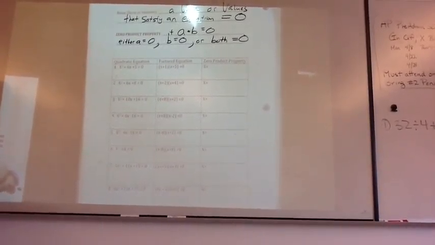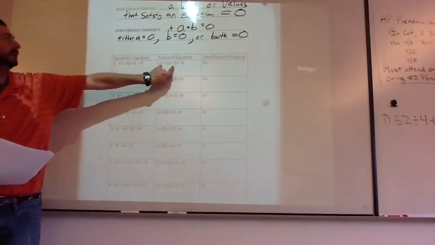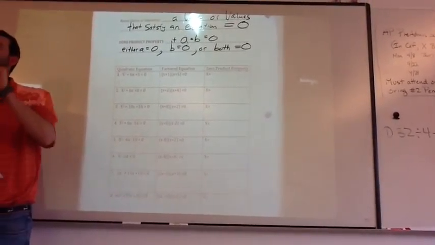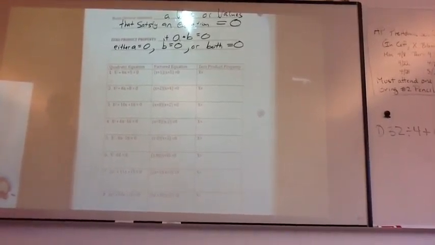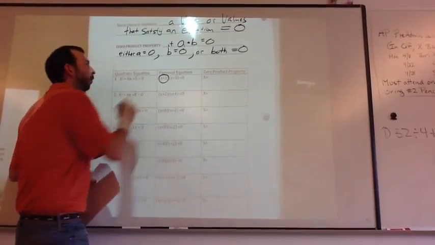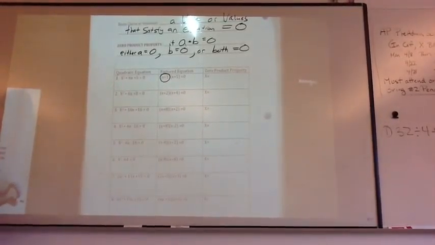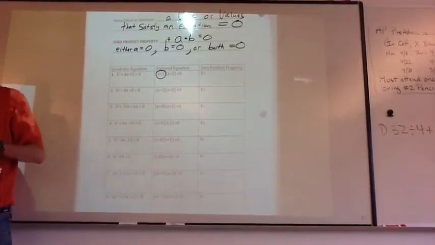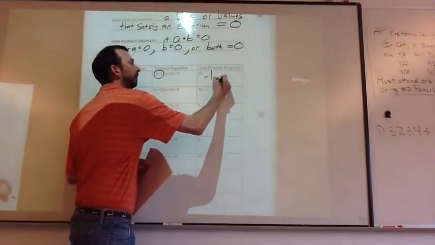This was the beginning of phase 2 factoring. These two things together multiply to give me a product of 0. One of those things must be 0 itself. What number or what value must x take for this to equal 0? What must it equal? -1.